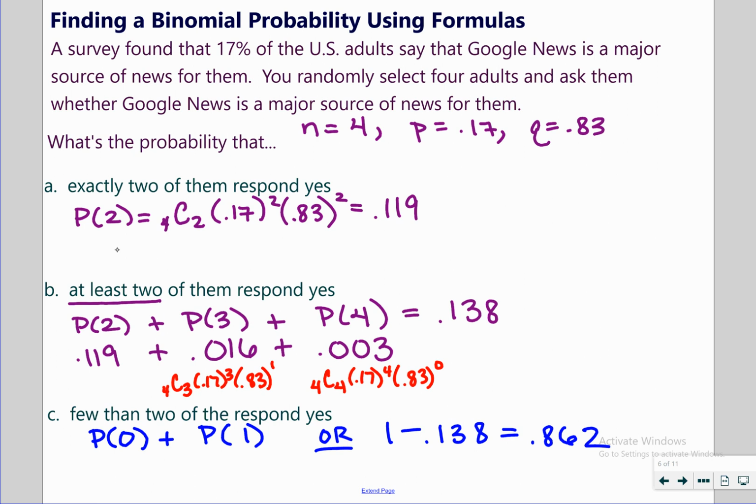Oh wait, something's wrong on that last one. Hold on. But B, it's not 0.003, I don't think. It's smaller than that, isn't it? Ooh, it is smaller than that. 0.0008. I think I hit something wrong on my calculator. Is that better? Yes.